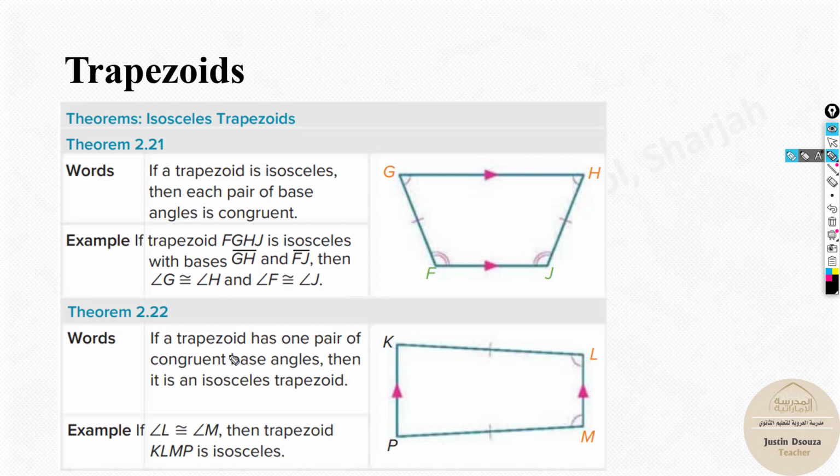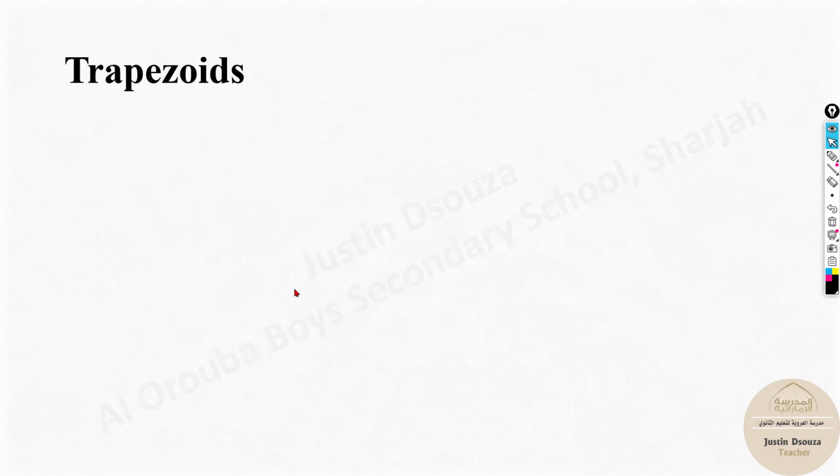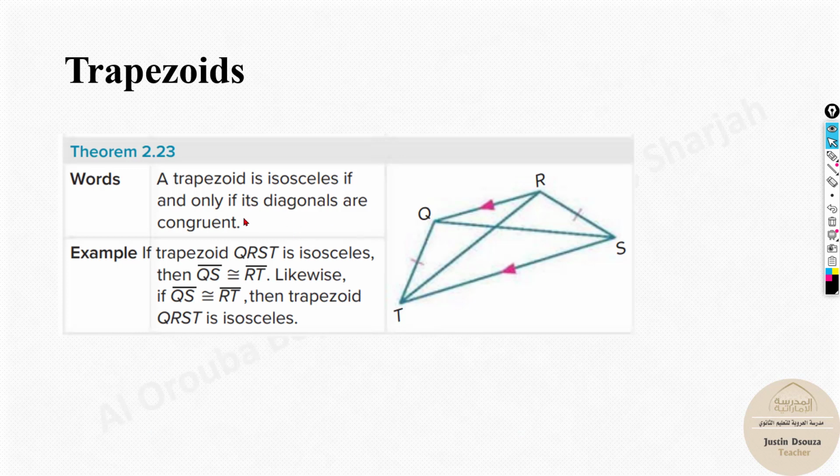And also it says if a trapezoid has one pair of congruent base angles, now here you can see this and this are parallel to each other, right? These lines. Now here, if one pair of base angles are congruent, if these both are equal, then we should know that it is an isosceles trapezoid. So these both sides are equal. Now another theorem says a trapezoid is isosceles only if the diagonals are congruent. That means this diagonal and this diagonal are equal to each other.